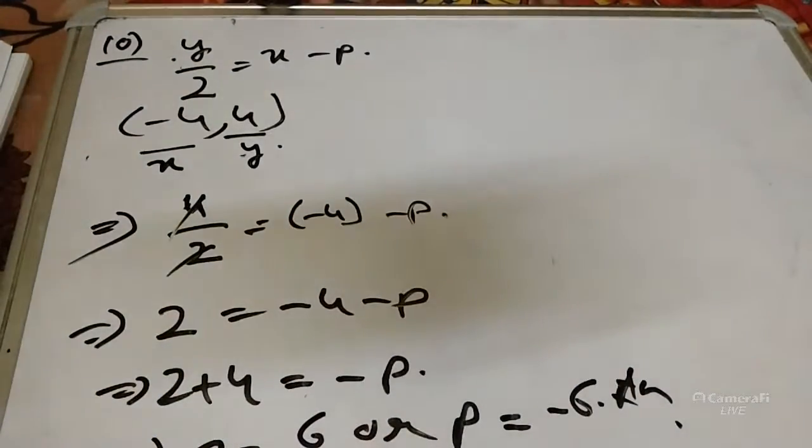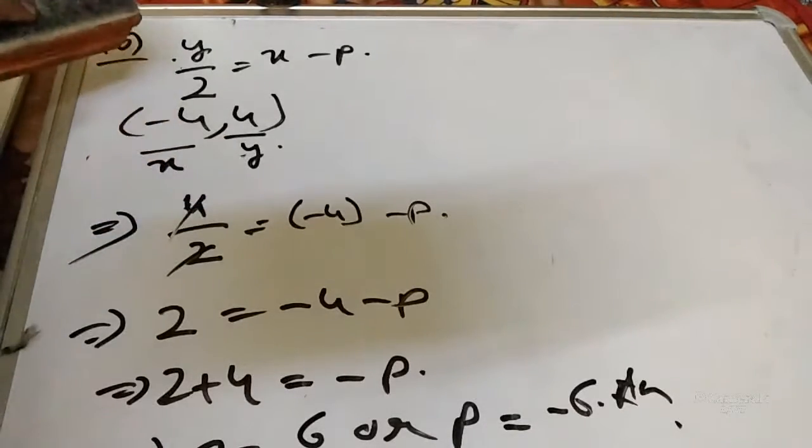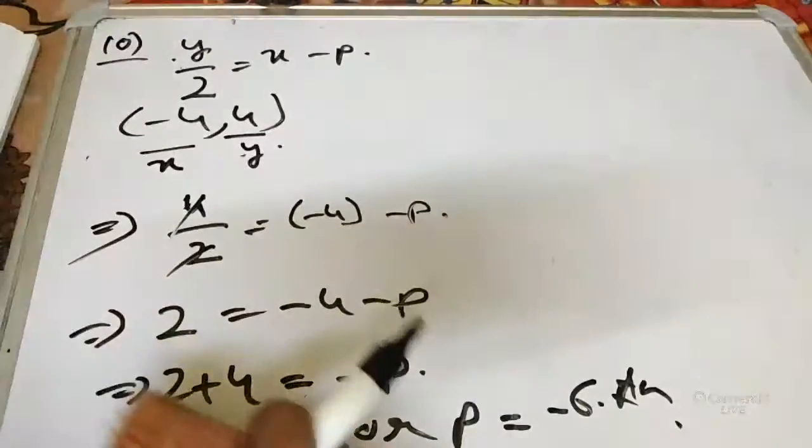So in this type of sums where the coordinates of a point will be given and the equation will be given, you have to find out the x and y coordinate, put a value in the given equation, and you will be able to find out the unknown variable. Similar to 10 is sum number 11, so I am not showing you again. You will try it on your own. If you can't, then ask me, then I'll show you.